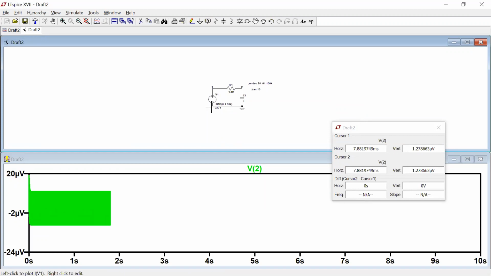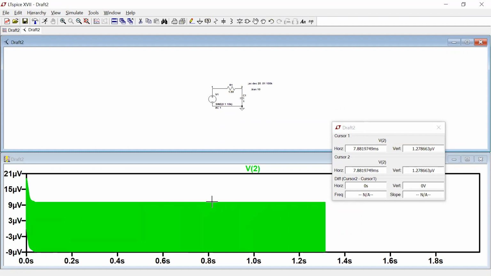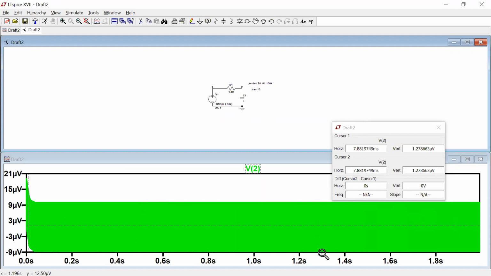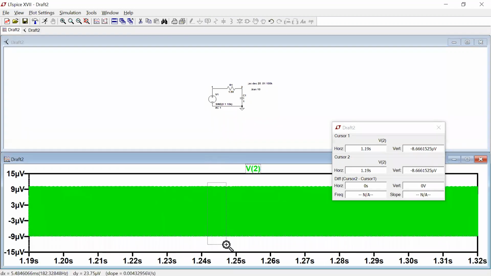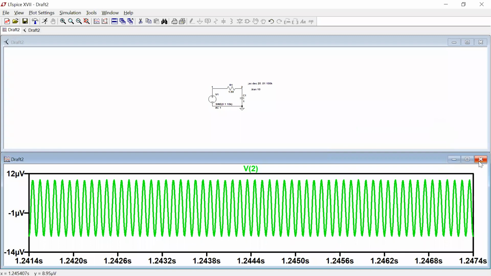I would need to add 0.5, but this is good enough to just see what the, yeah, that's going. That's about right. Okay, getting about 10 microvolt peak to peak. All right. So that's the difference between the sine and the square.